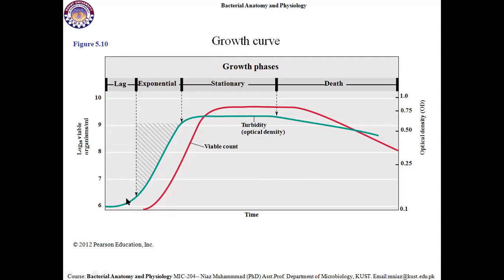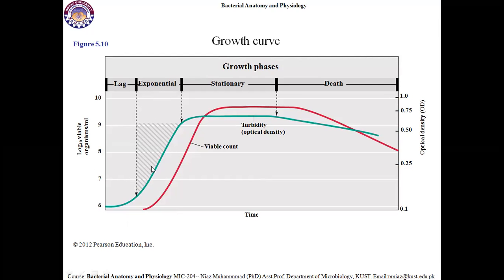Here it is lag phase, where microbes are getting adaptation to the medium and taking some time. Whenever microbes are adapted to this environment, their growth is going to start rapidly. Rapidly, microorganisms are going to be divided and they increase their cell number, and that phase is called exponential phase.